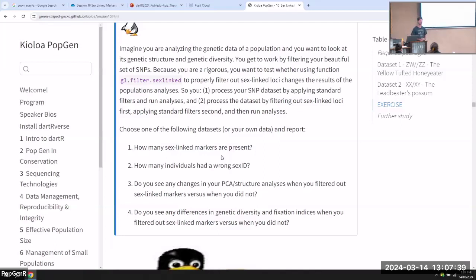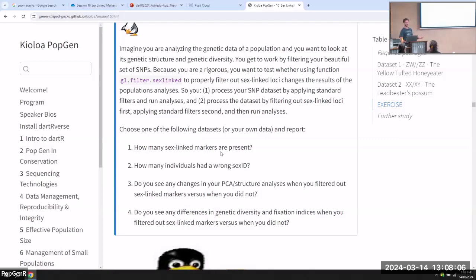So what else could it mean? It means potentially that your sex chromosomes are not very differentiated. There are no sex chromosomes. You have epigenetic sex determination, environmental sex determination. So I think even if you don't find anything significant in the data, it still gives you information.